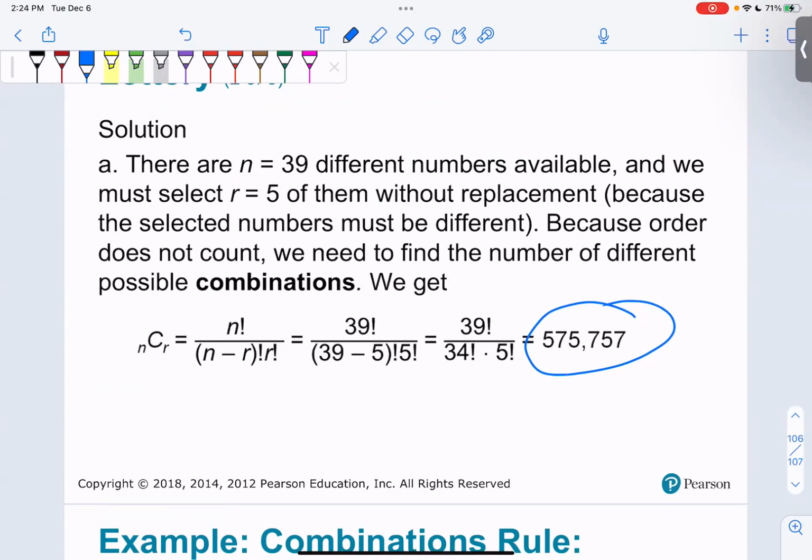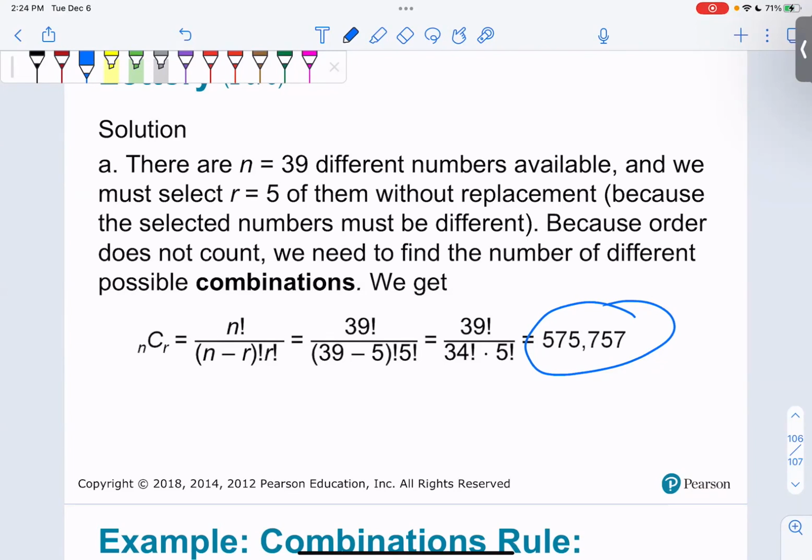what's the probability that you will win this lottery? Because you only have 5 numbers that win, right? If you choose those correct 5 numbers, you will win.